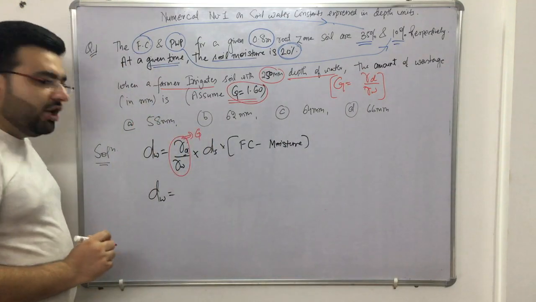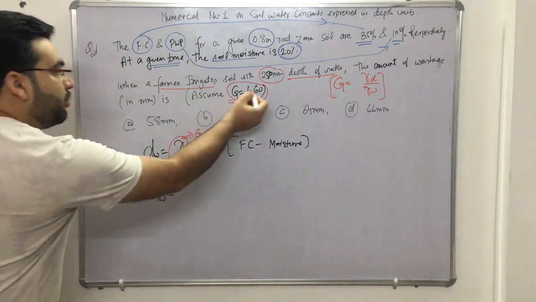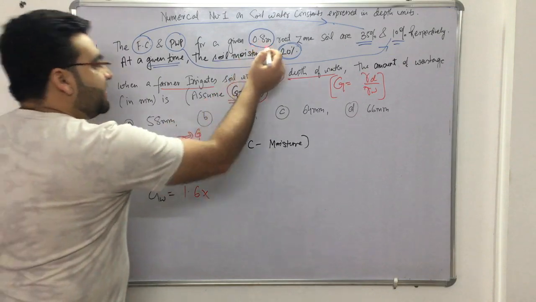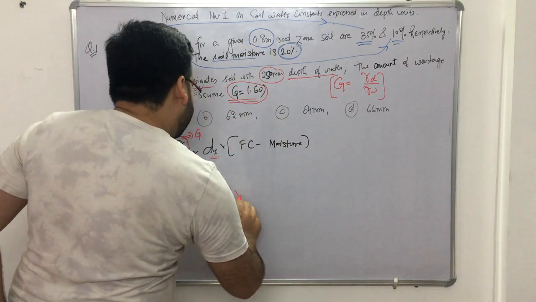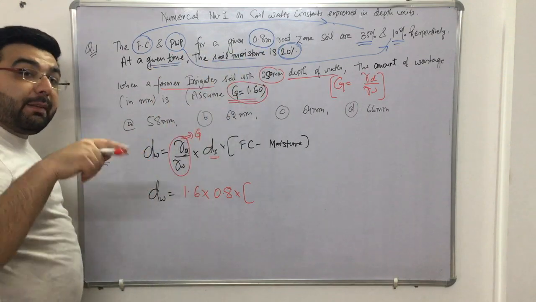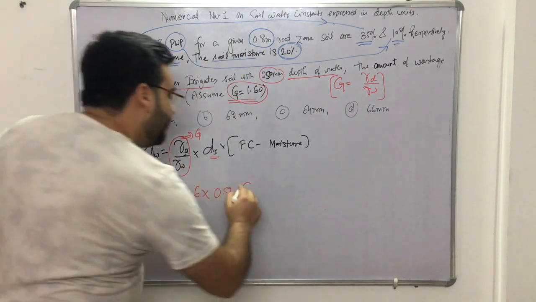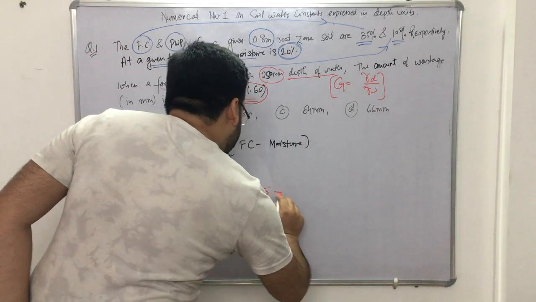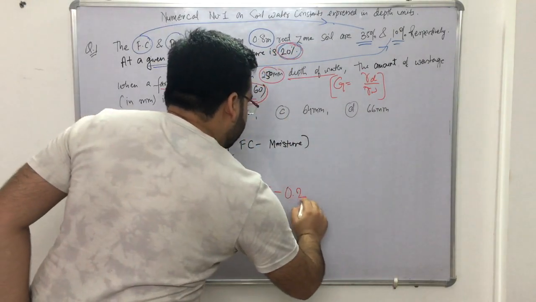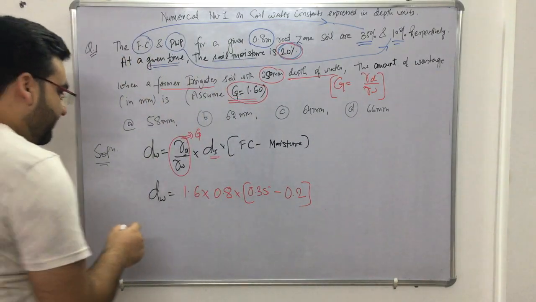Yes, I can replace. So gamma d by gamma w will be equal to 1.6, into the depth of the root zone, 0.8, multiplied by field capacity, 35%, which means 0.35, minus moisture 20%, 0.2. Clear? So this will be 0.15.